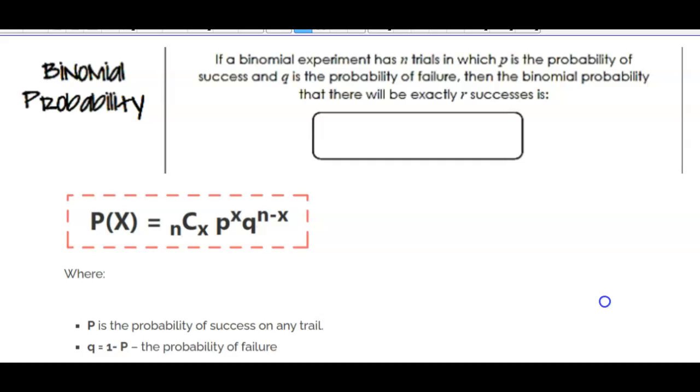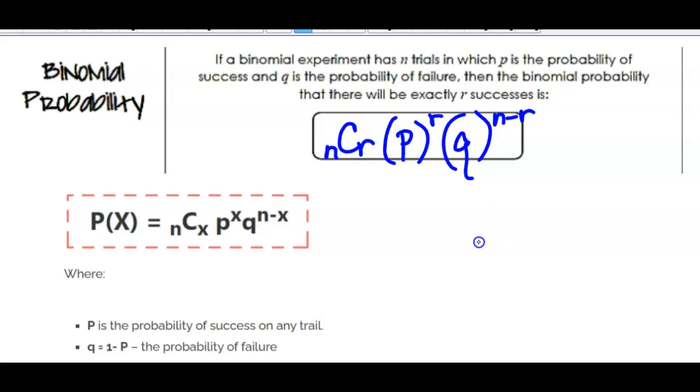All right, the definition of the formula is this, and you can write that in here if you want. You would say there's how many different ways. I'm going to use the variables we've used. We do nCr, and then it's the probability of success, r times, and the probability of failure the rest of the time.